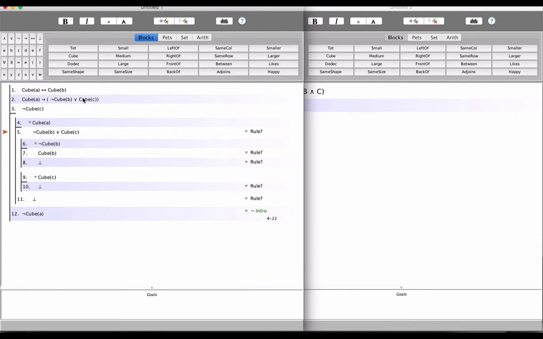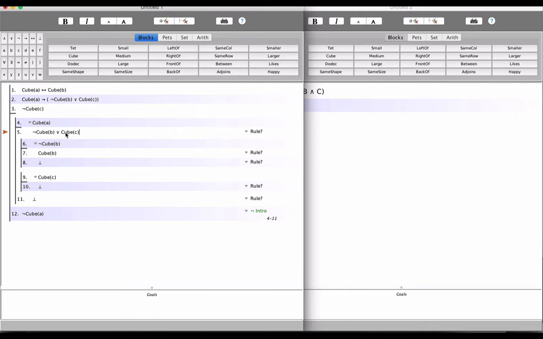So notice at line 5, we're told that the disjunction has been inferred. And then we see that starting at line 6, running through line 8, then beginning at line 9 and running through line 10, we have two successive subproofs using disjunction elimination.